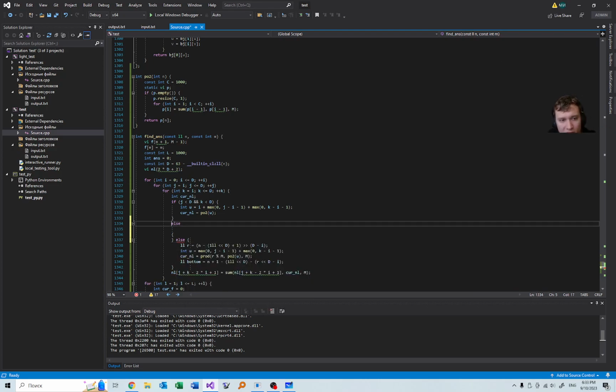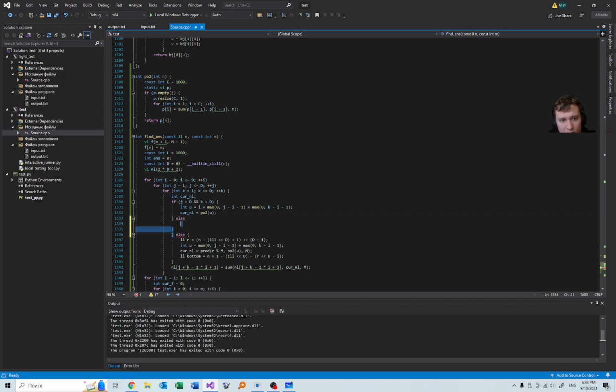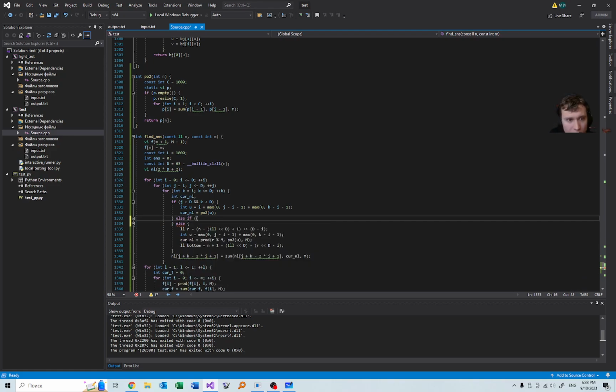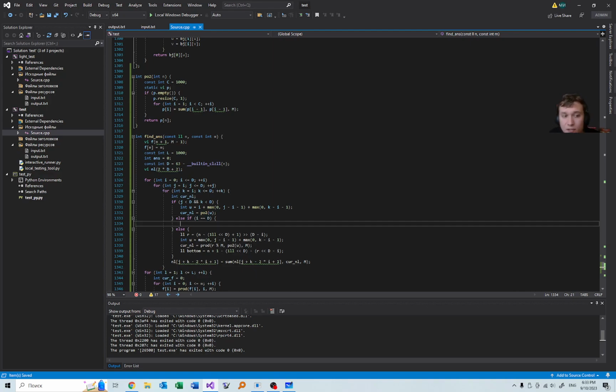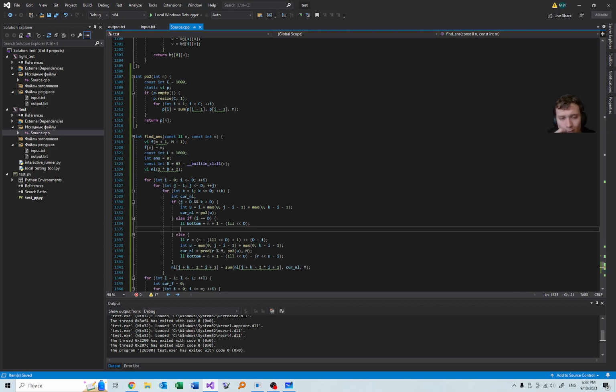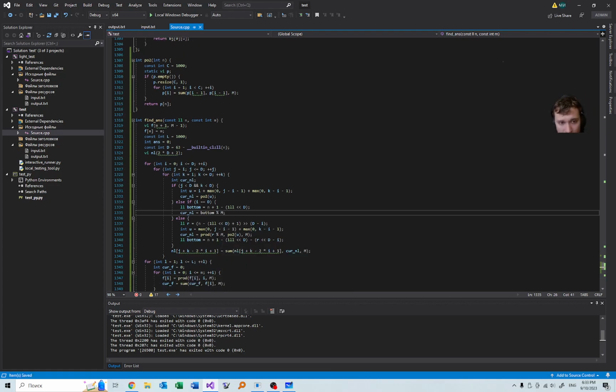And I need one more case, which is if I equals d. Why? Because it is much easier. I just need to take LL bottom, which is this. And actually carNL is as simple as bottom modulo M. Okay.